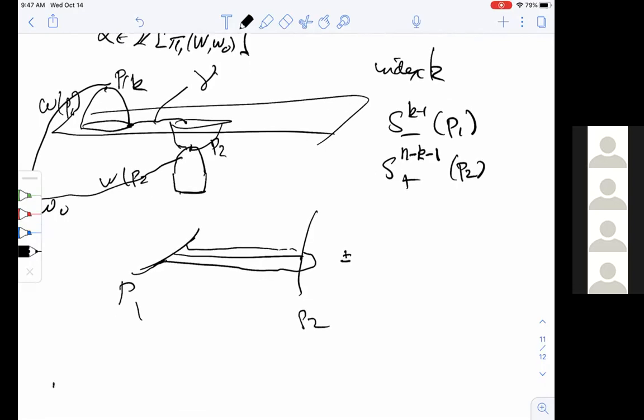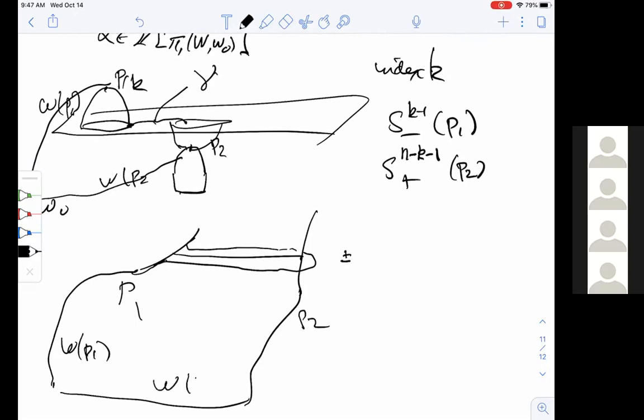But now I have to record not only the sign, I have to record a group element. So I have my path omega P1 and omega P2. And then I connect from P1 to this point, go across this arc, go back up to P2 and come back down. So I get a loop.